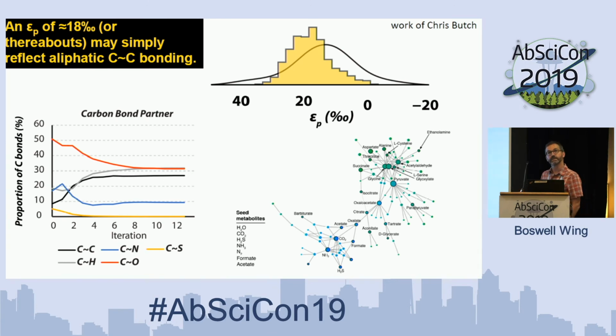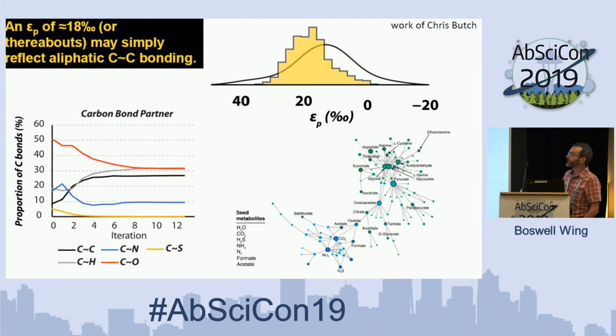So what's the reason behind this? It turns out that when you count the bonds and the bonding partners that are involved in this, as Chris has done here, what you see is that as the network expands, your overall bonding environment is getting more reduced. You're seeing a lot more carbon-carbon bonds and carbon-hydrogen bonds. And here what I've shown is the distribution of Chris's chemoinformatic prediction along with the early Archean distribution.